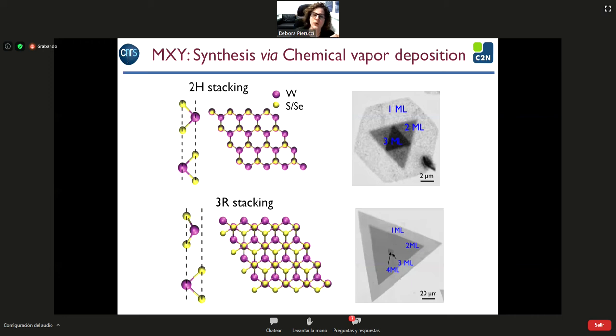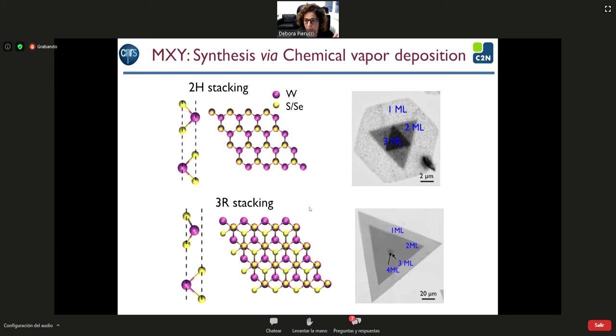When we have two rotated triangles, we are in the hexagonal 2H stacking, in which we have the transition metal on top of the chalcogen and vice versa. This reminds us, if you are familiar, of the AB stacking of graphite or graphene. In case we have aligned triangles, we have the 3R stacking, in which the chalcogen is on top of the metal, but the other transition metal and the other chalcogen are slightly shifted to the center of the hexagon.